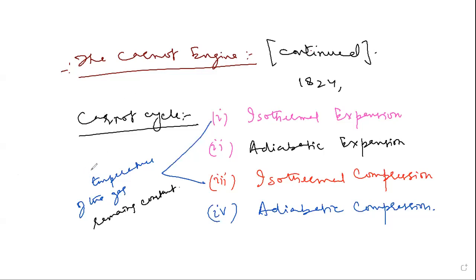This is one thing. Then what is another thing? You know how we perform an isothermal process. You must remember the idea of heat reservoir, right? When we perform some isothermal process, we put our system in thermal contact with a heat reservoir, right? Whose temperature is same as that of the system.